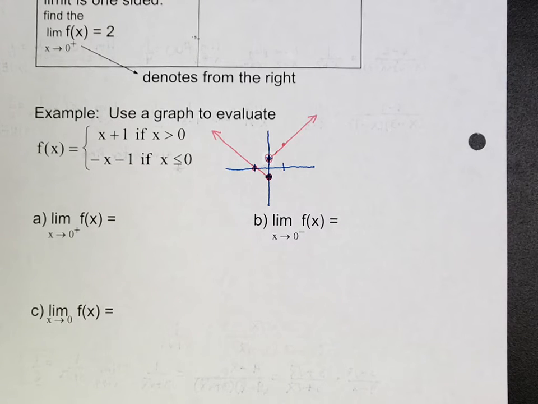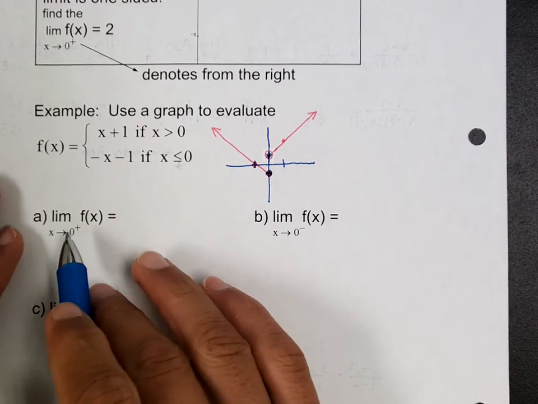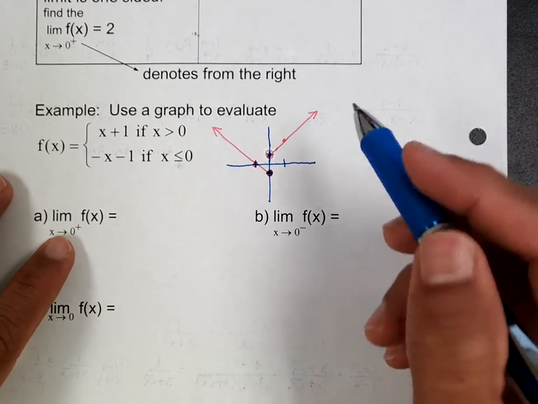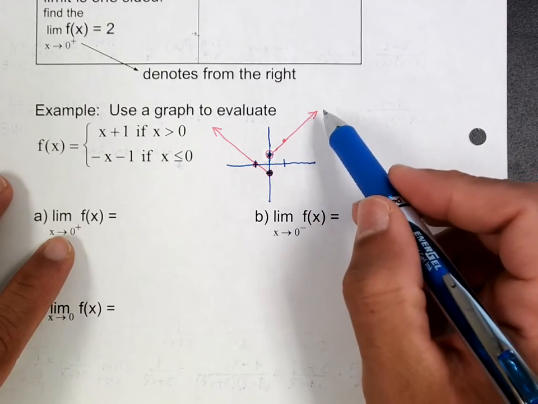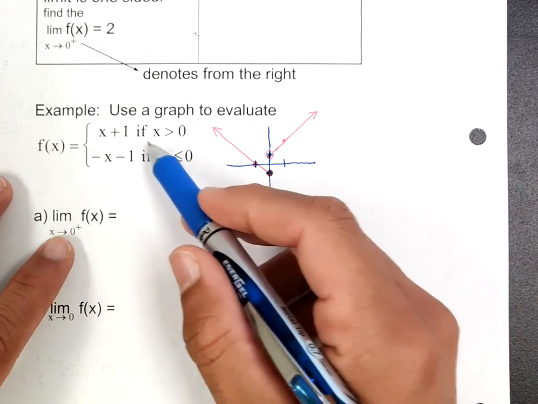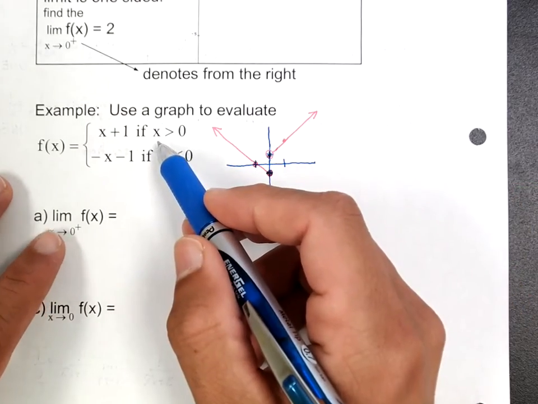Hopefully you can tell ahead of time that if I ask you for the limit as x approaches 0, it will be undefined because you're approaching two different values. But let's just look at it one side at a time. So we have the limit of f of x as x approaches 0 from the right. You can very simply see that this is from the right. But if you don't have this graph, you have to know to plug it in here.